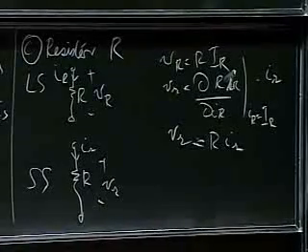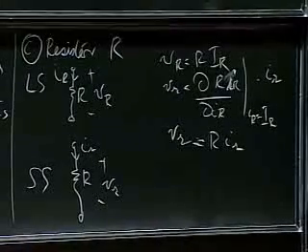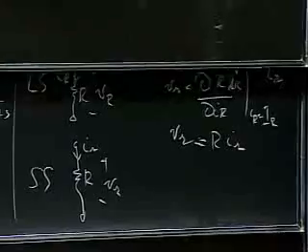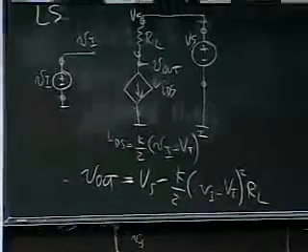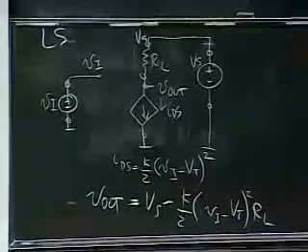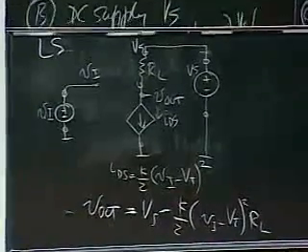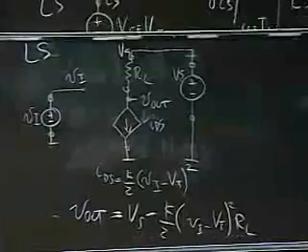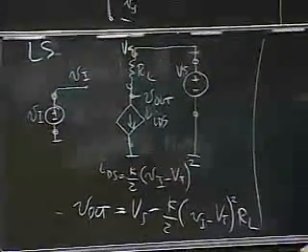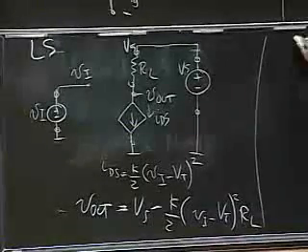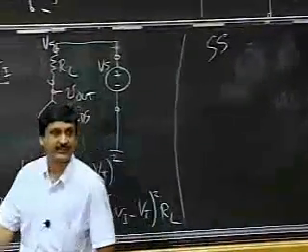So as a final step, what I'd like to do is, on page 8, very quickly draw for you the small signal circuit and then analyze it. So this is the large signal circuit. And let me draw the small signal circuit.